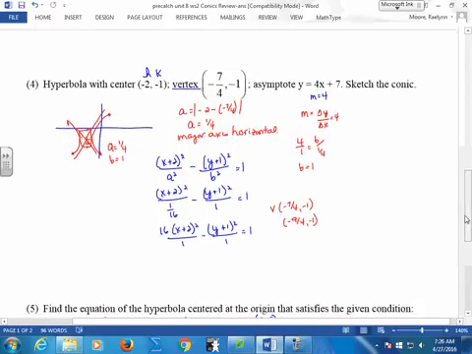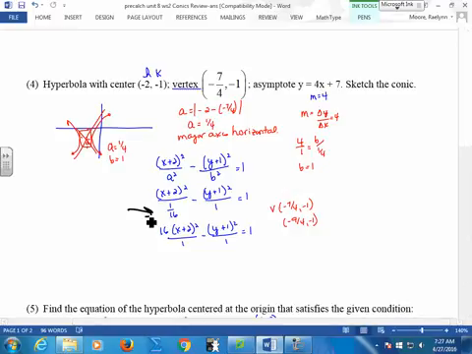And your hyperbola. Remember at the end to flip your fraction. Use your slope.